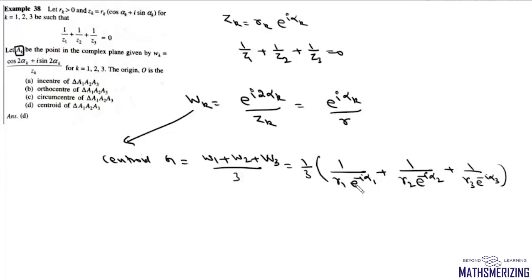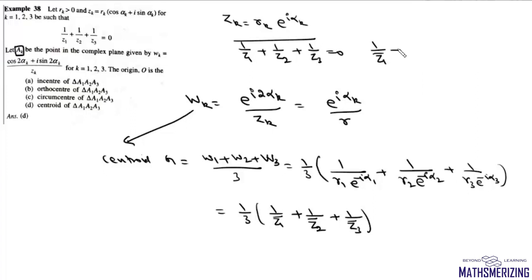Now this is nothing but Z1 bar. So we can write this as 1 by 3 times (1 upon Z1 bar plus 1 upon Z2 bar plus 1 upon Z3 bar). Now if we take the conjugate of this, we can write 1 upon Z1 bar plus 1 upon Z2 bar plus 1 upon Z3 bar, it is 0. That means the centroid of this triangle is at the origin. So the answer to this question is the origin is the centroid of this triangle, and that's your option D.